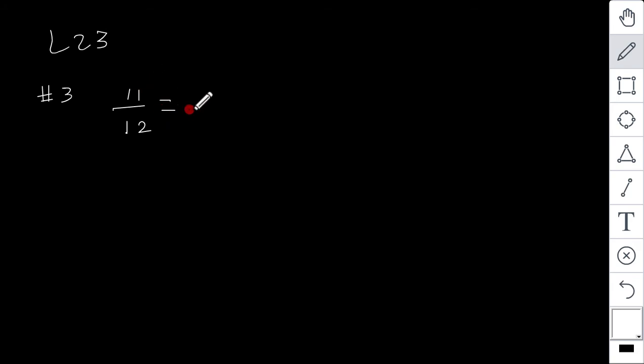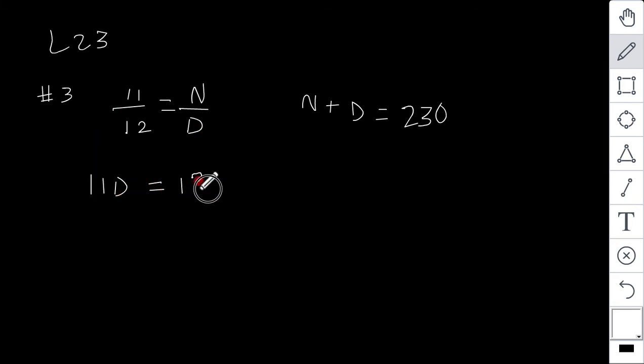It tells you a fraction, so we know this is the numerator, this is the denominator. This is a tricky problem. You haven't seen it worded like that before. What was the fraction? So this is the reduced fraction, and we're trying to find the original fraction. I'm going to cross multiply: 11d equals 12n.